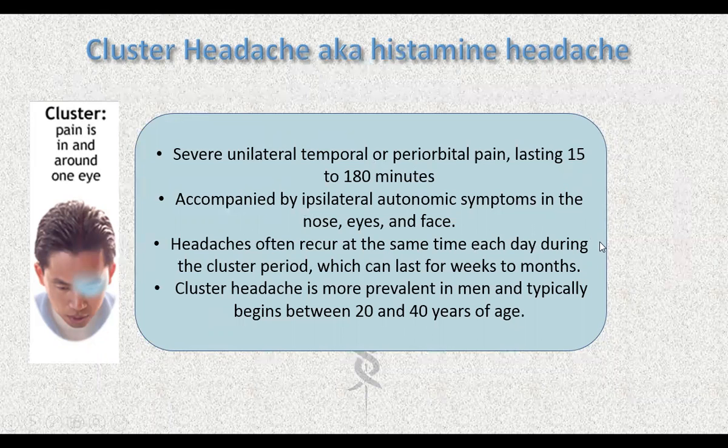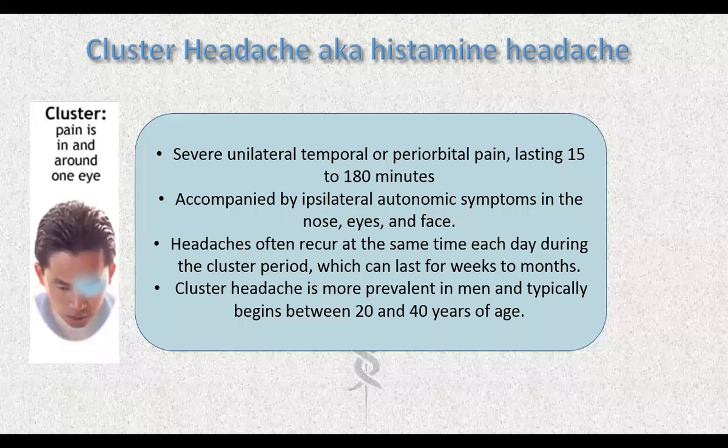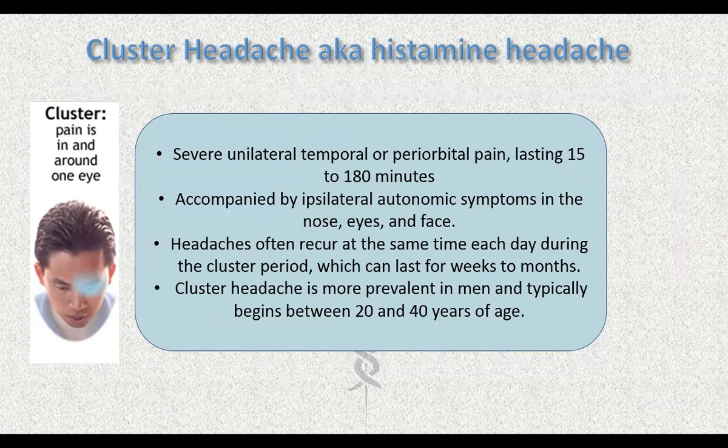The reason they're called cluster headaches is because they occur in clusters. Typically, they'll occur at more or less exactly the same time every day during the cluster period, which can be a period of weeks or even a couple of months, where every day at that particular time they're having this really severe, debilitating headache. And it's most common in men between the ages of 20 and 40 or so.